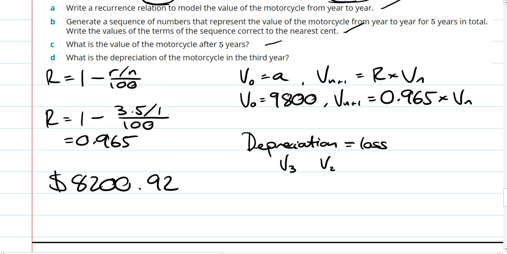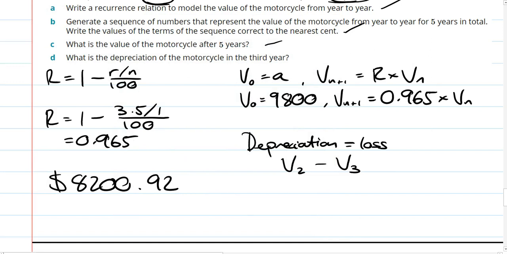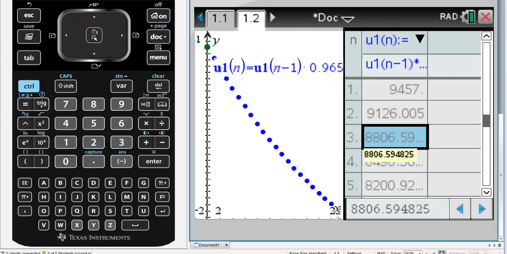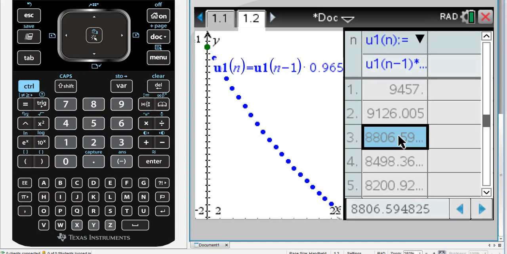The loss of value in the 3rd year is the difference between how much it was at the end of the 2nd year minus how much it was at the end of the 3rd year. So we know the 2nd year is 9126.01 if we round, minus 8806.59.